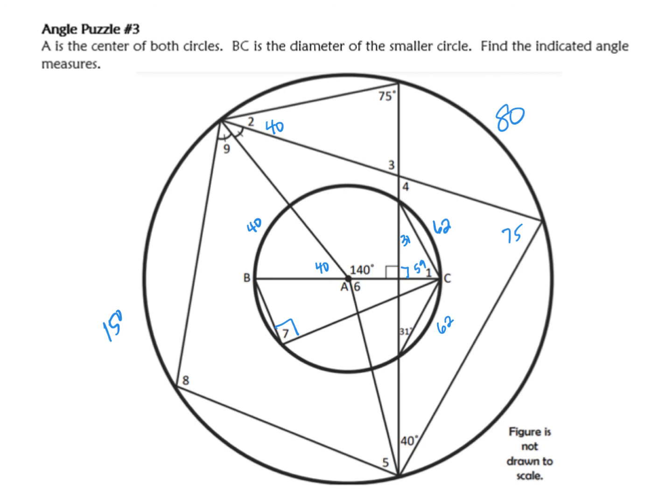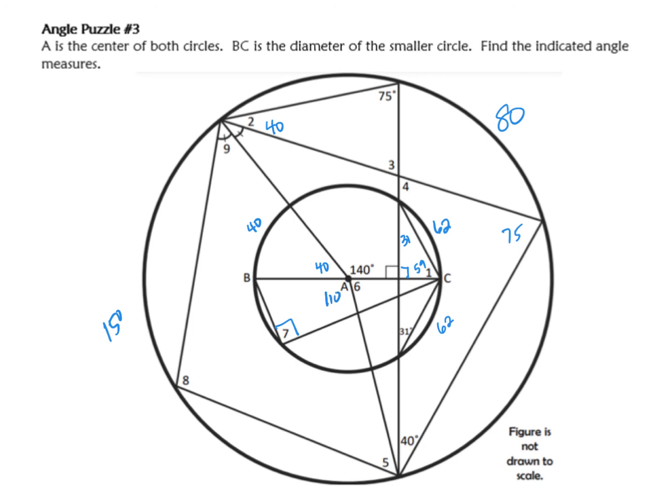If I look at the big one, I have this central angle right here, which opens up to this 150-degree arc, which means my central angle here has to be half of that, or 75. No, I'm sorry. I'm sorry, 150. I don't know why I said 75. This has to be 150. Well, I already know this part's 40, so this part has to be 110.